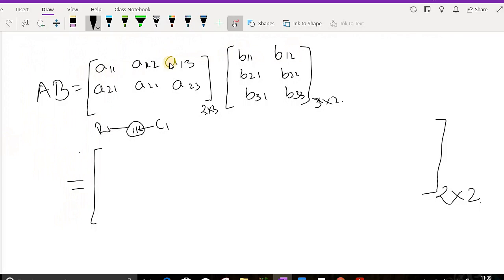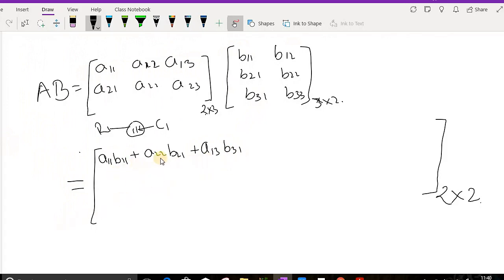So it is like this: A11 B11 plus A12 B21 plus A13 B31.